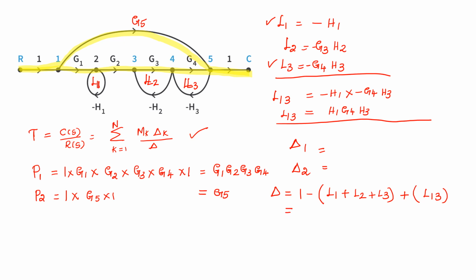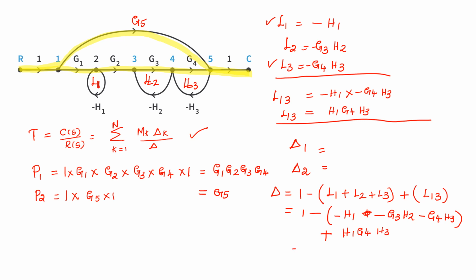So delta equals 1 minus L1, which is minus H1, plus minus G3 H2, again minus G4 H3, then plus L13, which is H1 G4 H3.